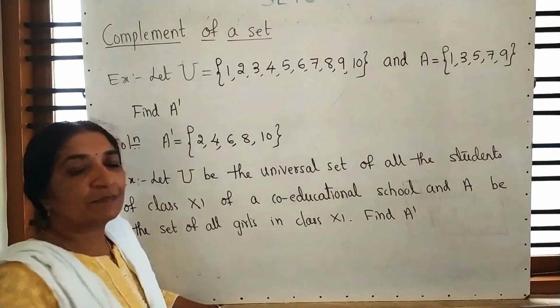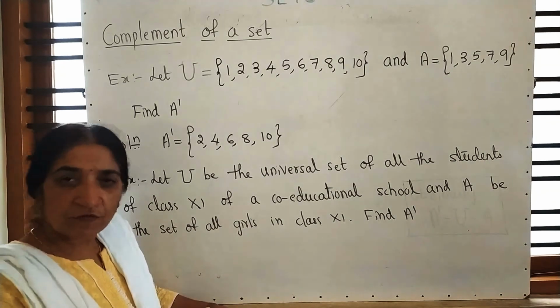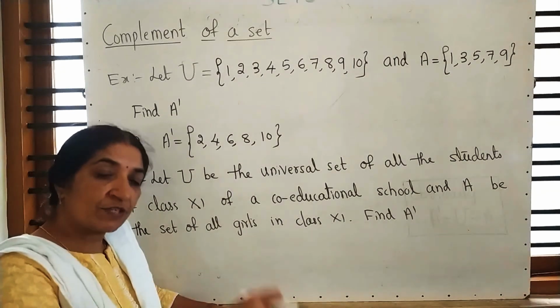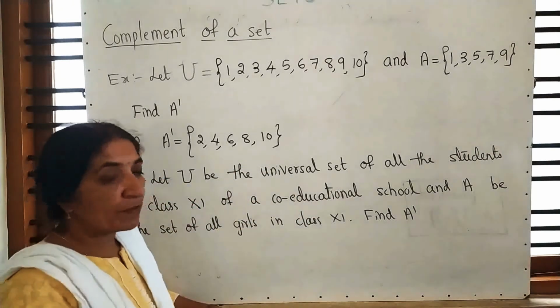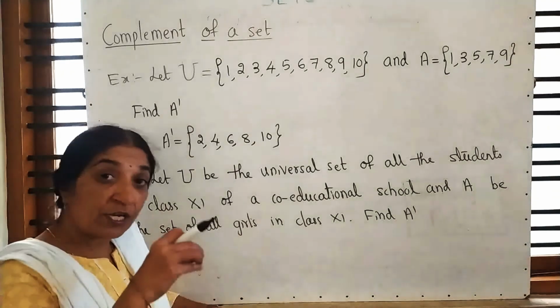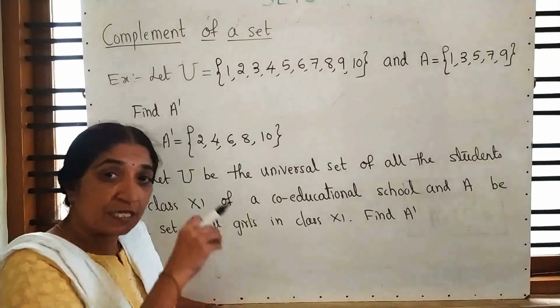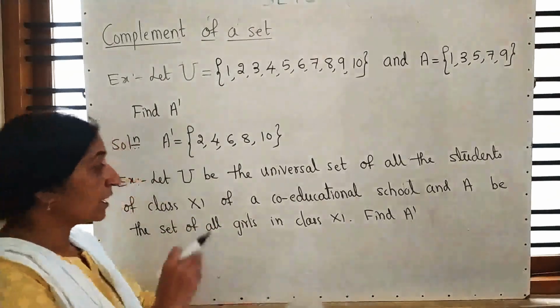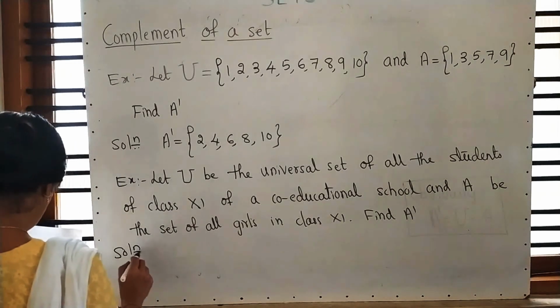If A represents the set of girls, then the complement is what? Set of boys. So which are present in A, which are not present in A but present in the school. What is the A complement then? A complement is boys. Those boys, they are not present in set A but they are present in the universal set. That is, the universal set is nothing but the school. Here the universal set is a set of students in the school.